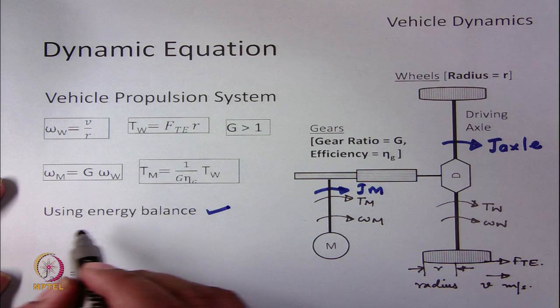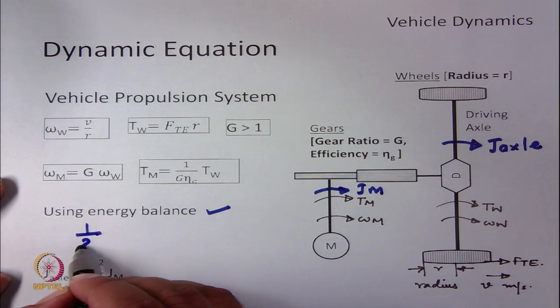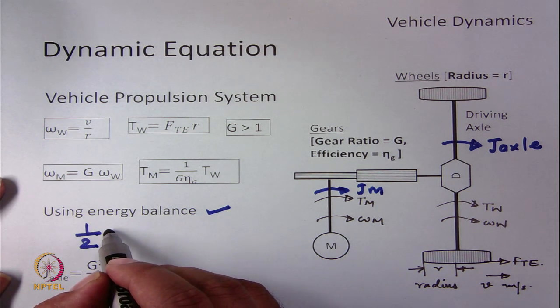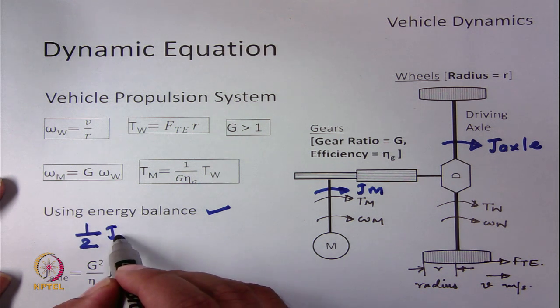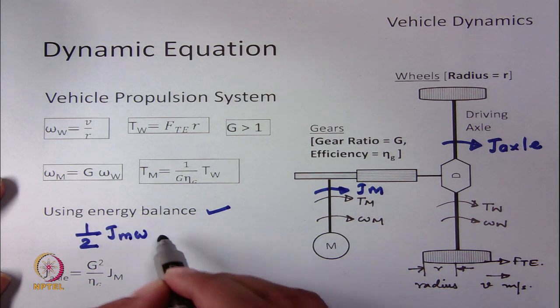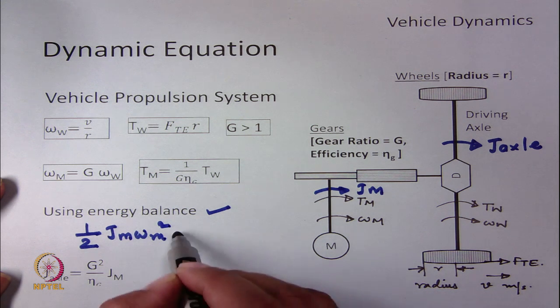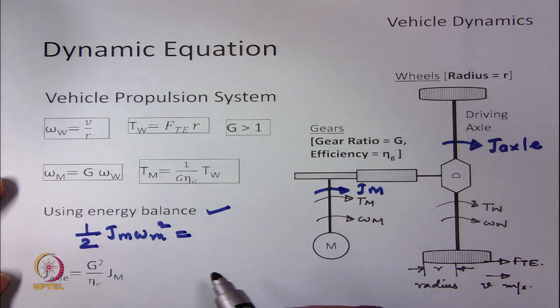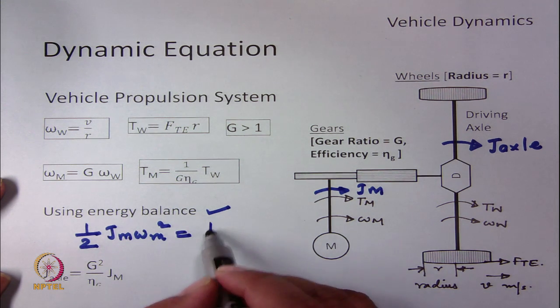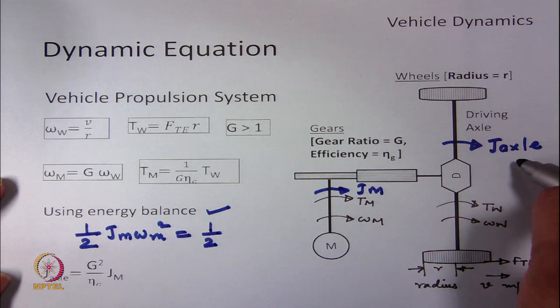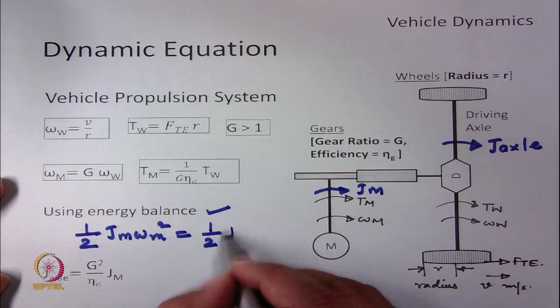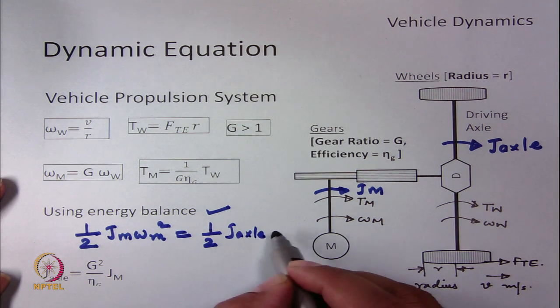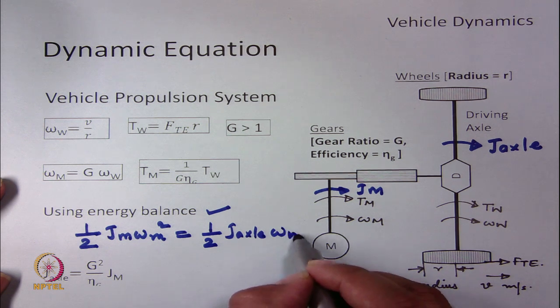We know that the energy stored in the mechanical shaft of the electrical motor is half Jm omega m square, and this has to be equated to the energy stored in the driving axle, which is half J axle into omega wheel square.